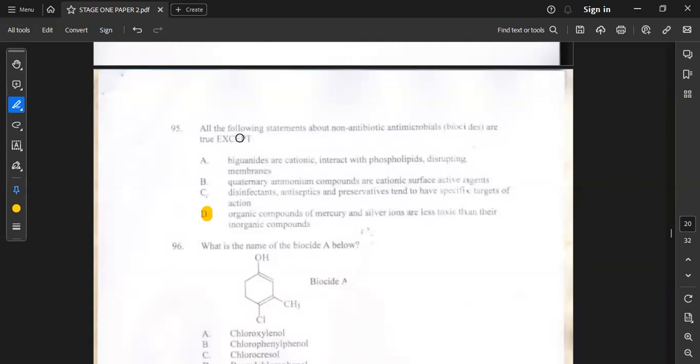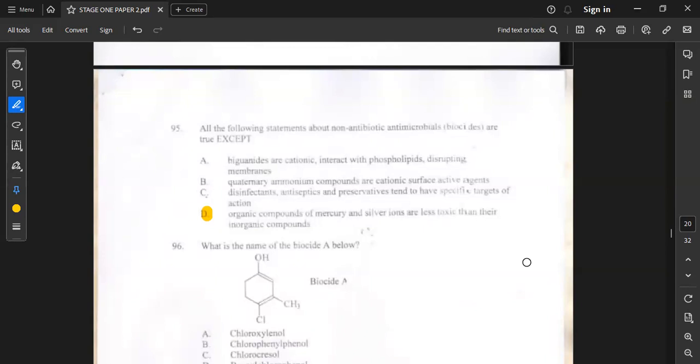And just as a small note, mercury can cause neurological damage after passing the blood-brain barrier.